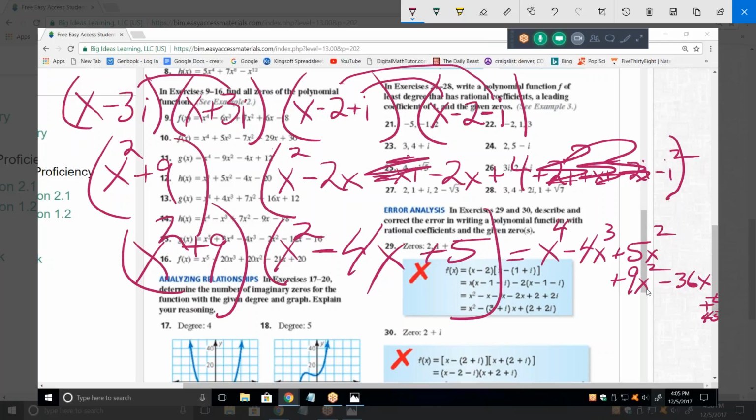So x to the fourth minus 4x to the third plus 14x squared, minus 36x, plus 45.